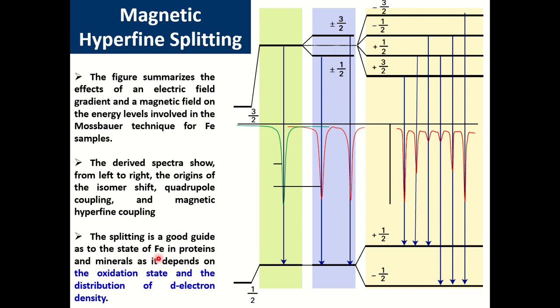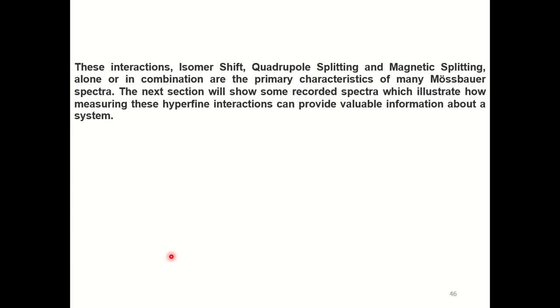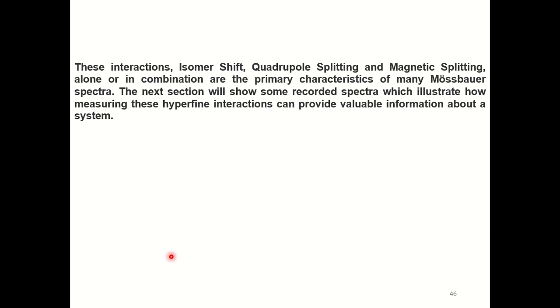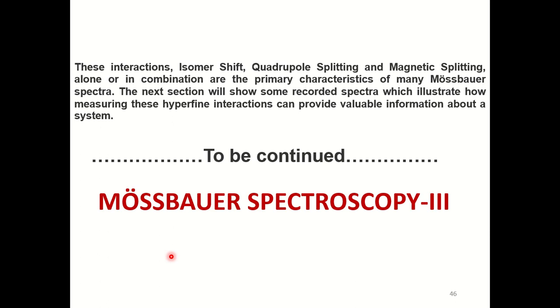We will also see some crucial information about the dynamics of a biomolecular system that can be obtained using Mössbauer spectroscopy. This is all that will be contained in the third part.